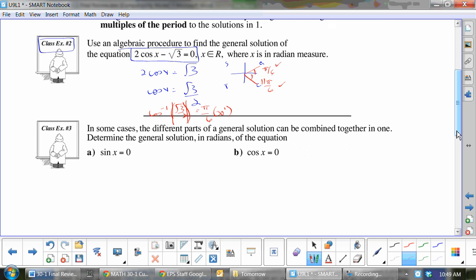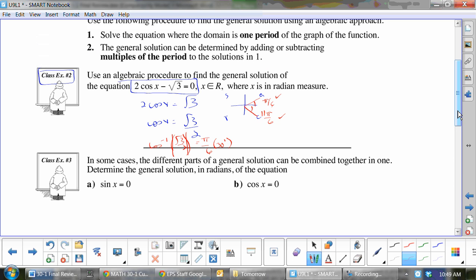Okay? Now, we are still not done this one because it asks for the general solution. So the first thing you need to do is find the solution over 0 to 2 pi. You must do that first.